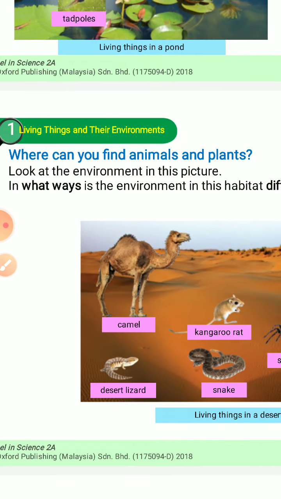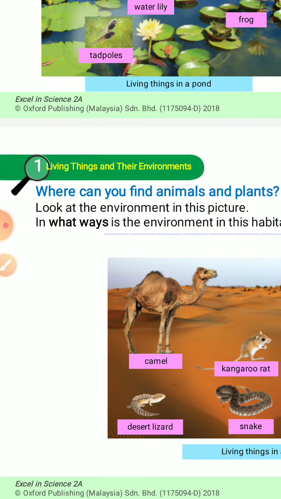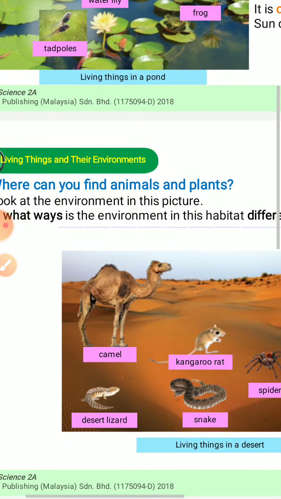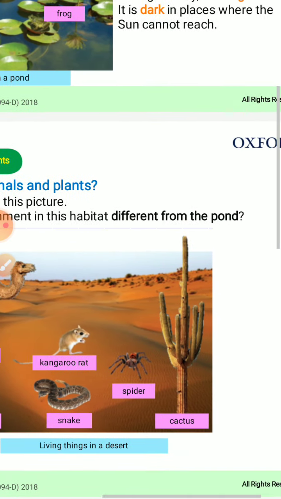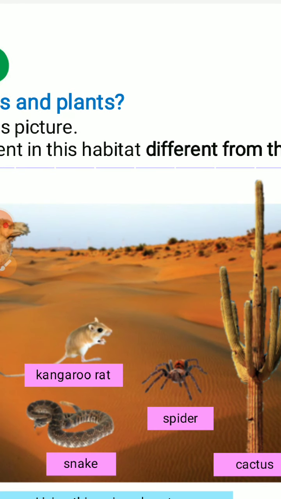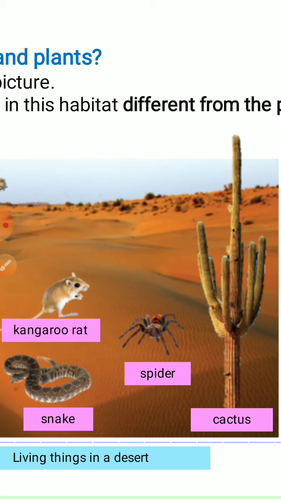So therefore, where can you find animals and plants? Look at the environments in this picture. In what ways is the environment in its habitat different from the pond? Look at this. The spider will not live in a pond, right? The spider cannot find food or shelter in the pond.